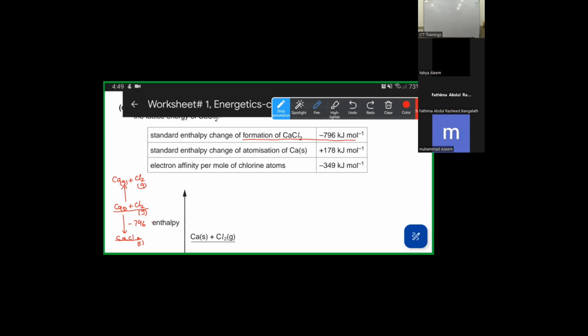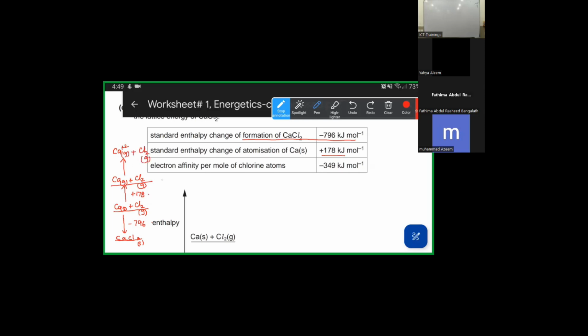Okay, so calcium solid changes into calcium gas. This is the atomization, and the atomization of calcium is written up here in the question: plus 178. Okay, now change the calcium into calcium ion. Calcium gets the plus 2 charge, so Ca2+ gaseous form, and write Cl2 as it is.